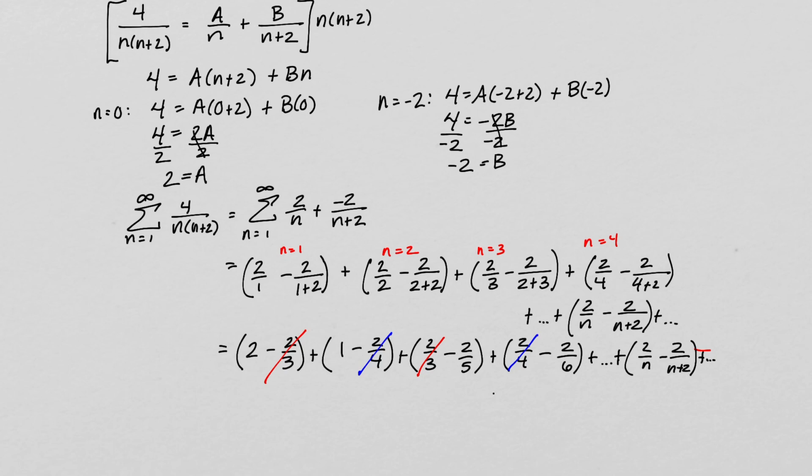The negative 2/5 would cancel out the first term 2 forward. The negative 2/6 would cancel out the first term 2 forward from that. Does that make sense, how stuff is canceling out the things that are 2 forward?